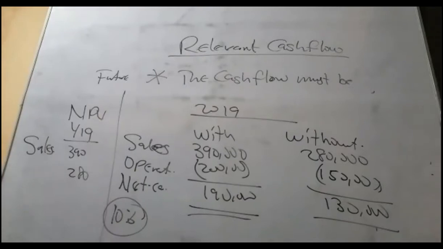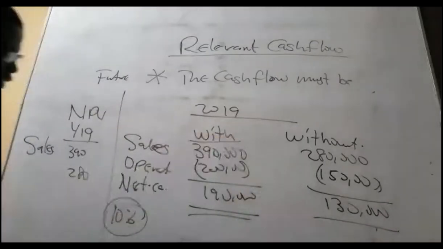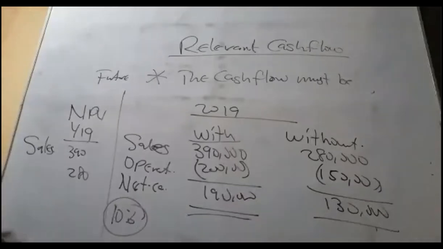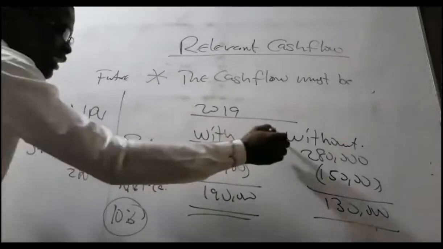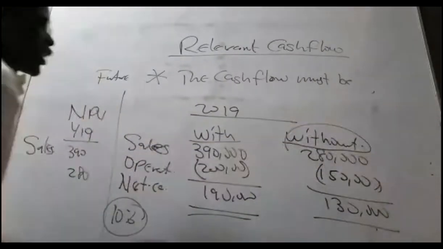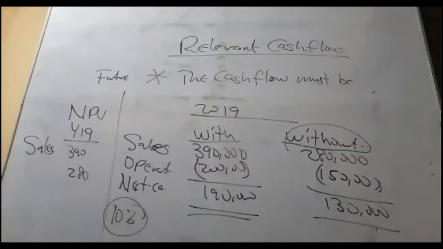Now the question is, you have details of the company's performance together with the project. So this result is the company's performance plus the project. This is the company's performance without the project.